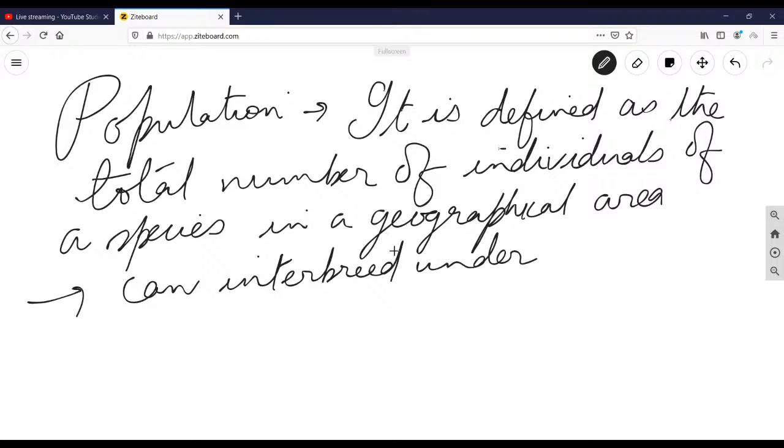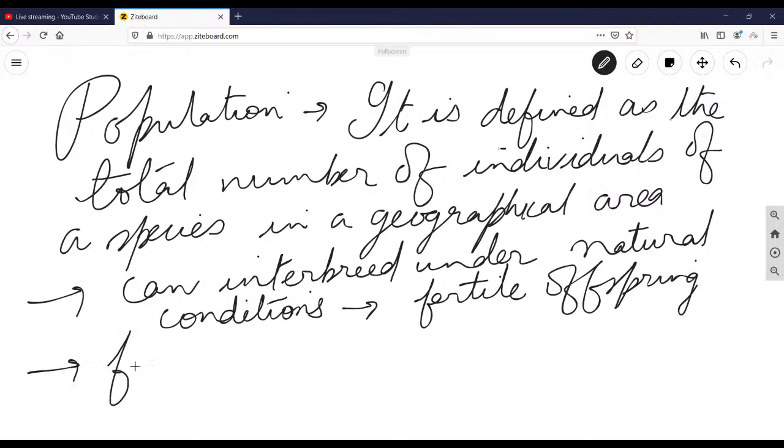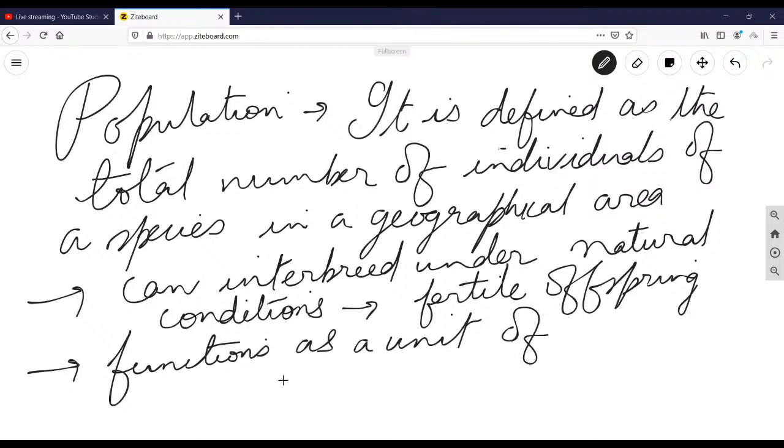So they will be able to interbreed under natural conditions to produce fertile offspring and function as a unit of biotic community.